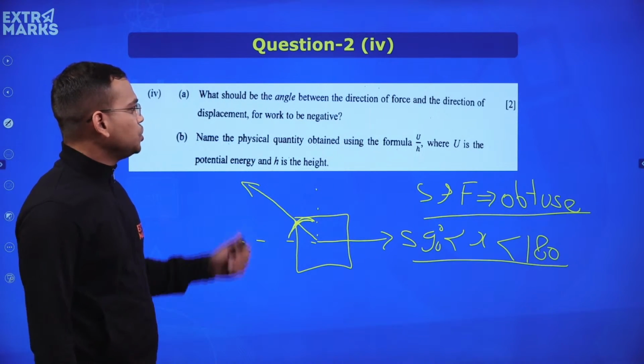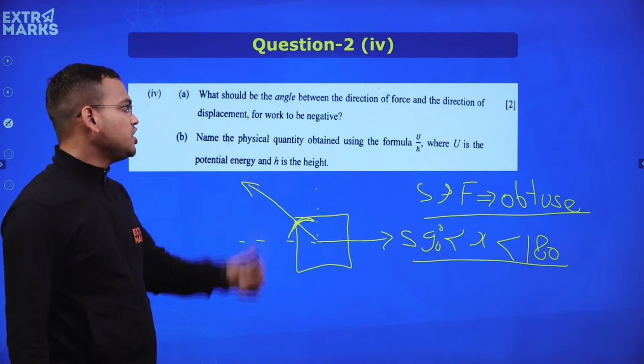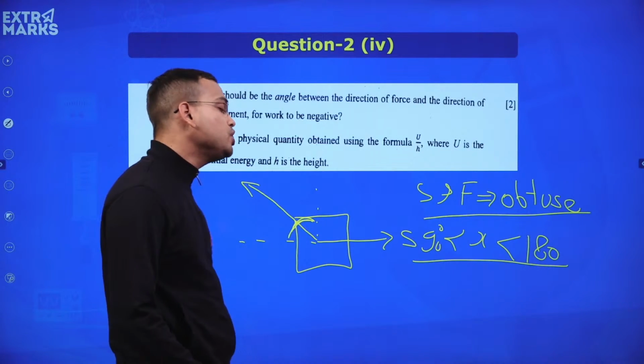So what is the angle between the direction of force and the displacement for work to be negative? It should be an obtuse angle.